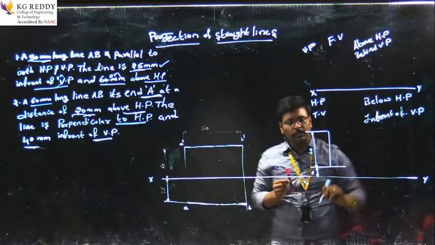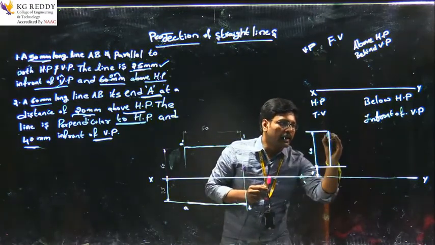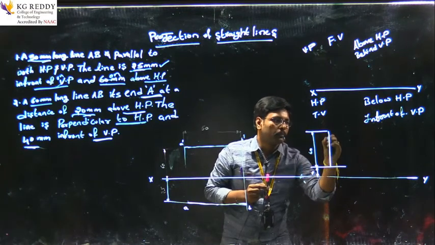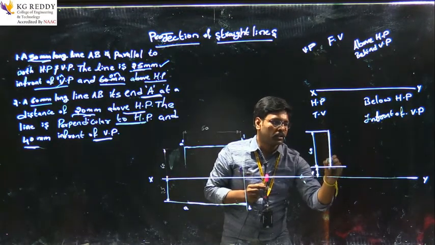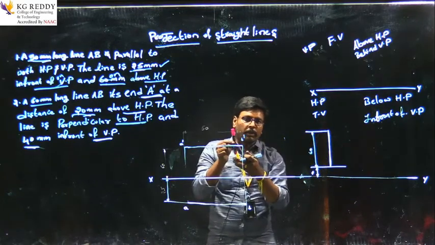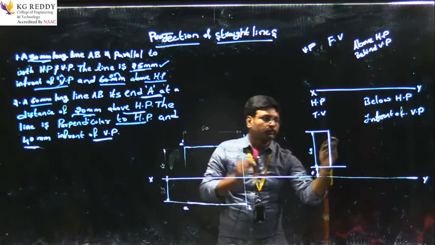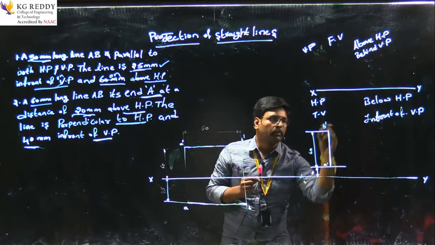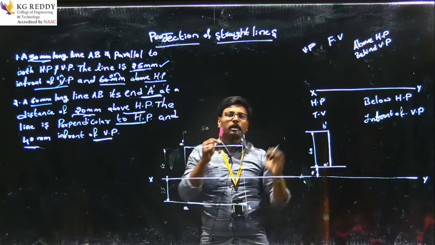This is the line we have to highlight in the front view, because the first condition is perpendicular and the next is the vertical shape of the line. This is A dash and this is B dash, and that is all about the front view.